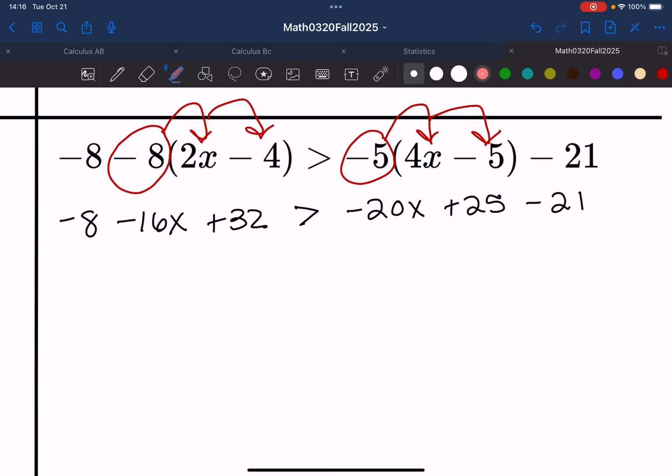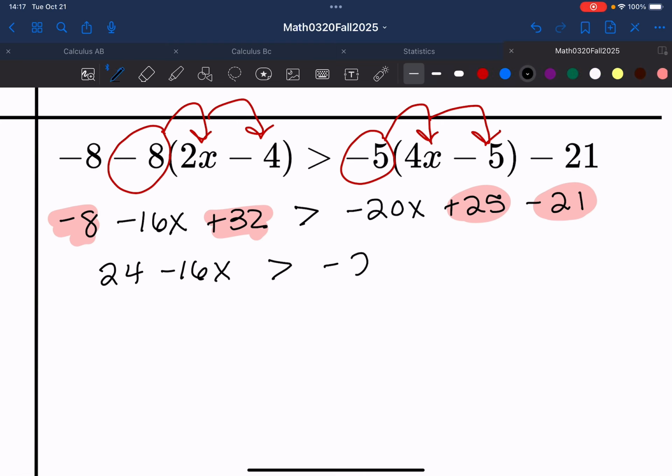Then I'm going to combine like terms. Negative 8 and 32 is 24, bring down the minus 16x, is greater than, and then 25 minus 21 is 4, so I bring down minus 20x plus 4. I need to move my x's to one side, so plus 20x plus 20x.